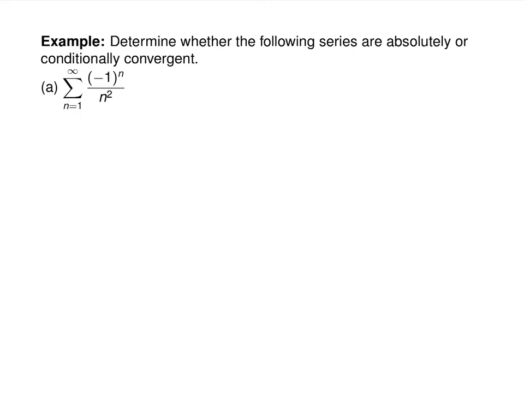All right. So determine whether the following series are absolutely or conditionally convergent. Does this series as is converge? Yeah. Is it pretty obvious that this series converges by the alternating series test?